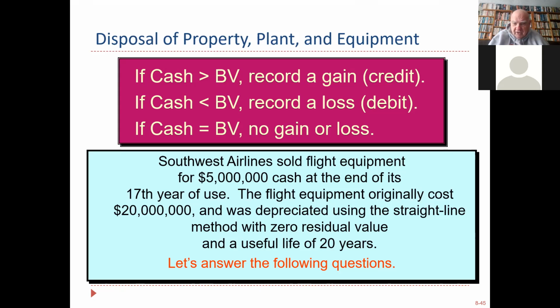And they were depreciating this equipment that cost $20 million, and they were doing that over 20 years. So the depreciation for 17 years, the accumulated depreciation balance should be 17 million. We'll see.